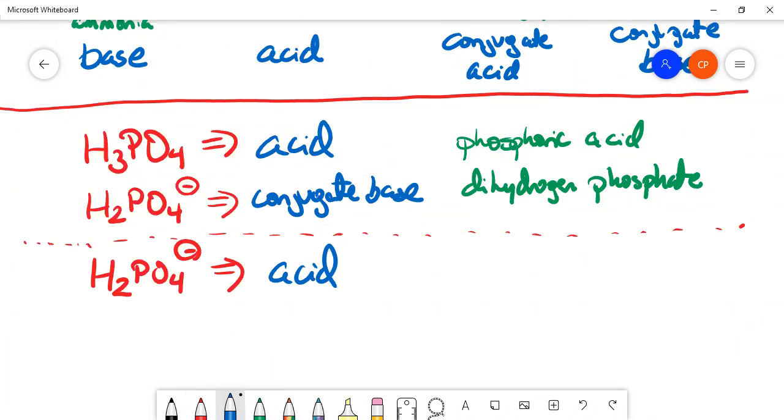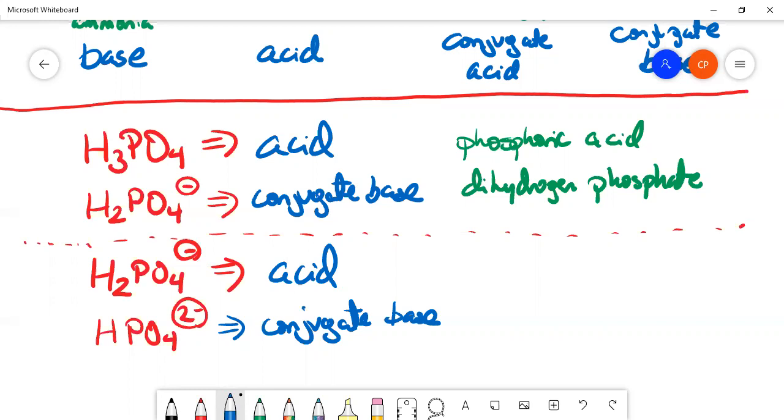And if H2PO4 minus is an acid, what is its conjugate base? What results when H2PO4 minus gives up a hydrogen ion? Follow the pattern. Monohydrogen phosphate, if you will.